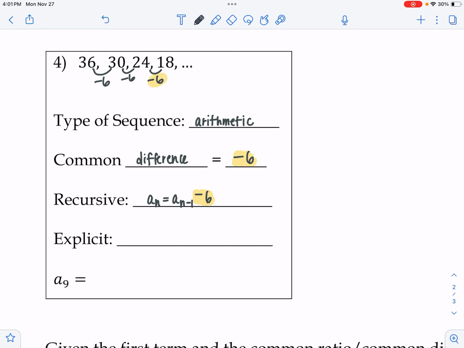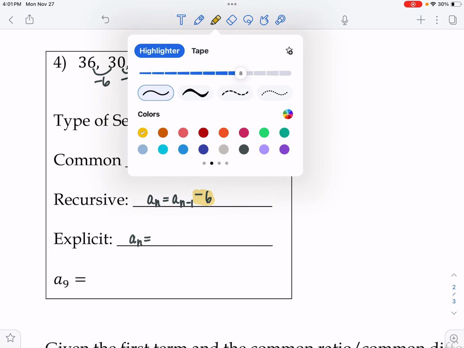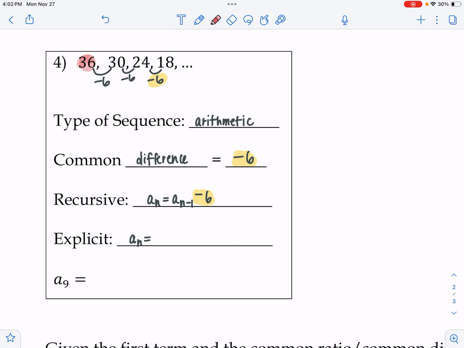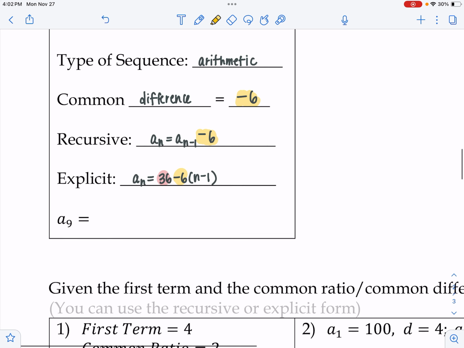Okay, and then our explicit formula, the one that actually helps us, is you can get to any term by taking the first term, which is 36, and subtracting 6, n minus 1 times. 36 is the first term, minus 6 was our common difference.